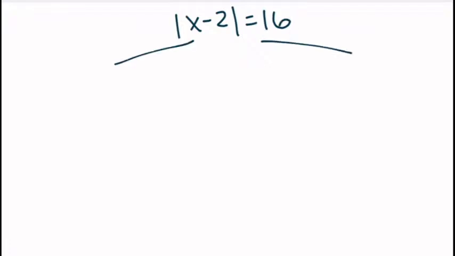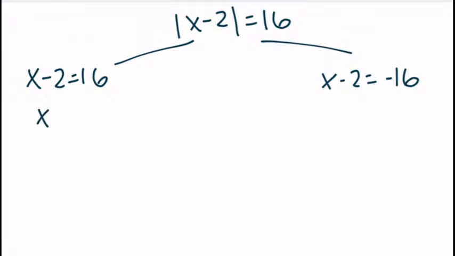How about x minus 2 is equal to 16? We're going to split it up again into x minus 2 equals 16 and x minus 2 equals negative 16. That's going to get you to x equals 18 and x equals negative 14.